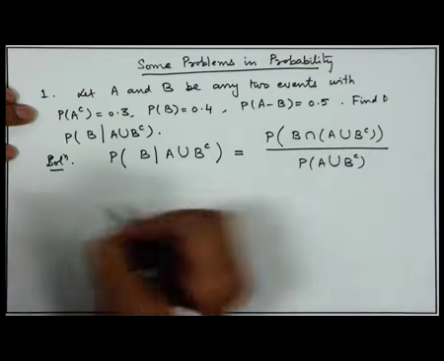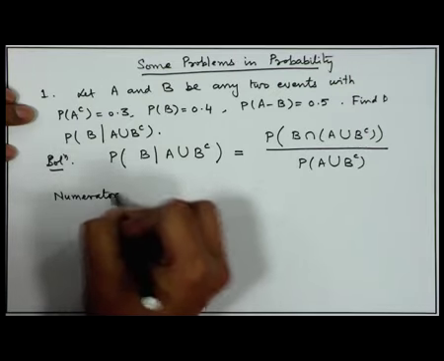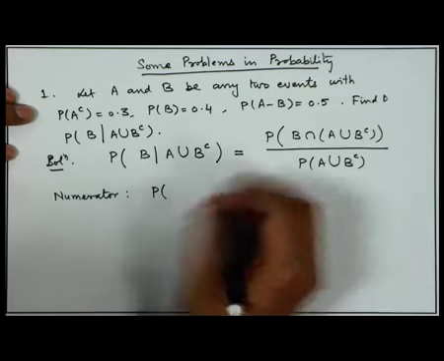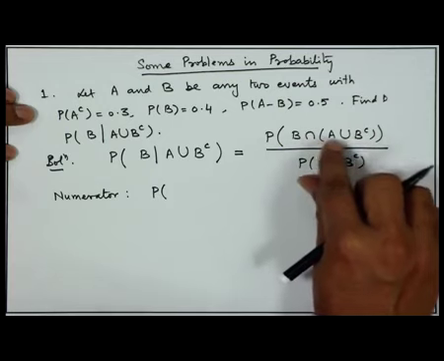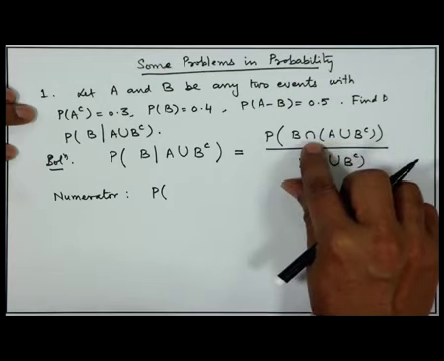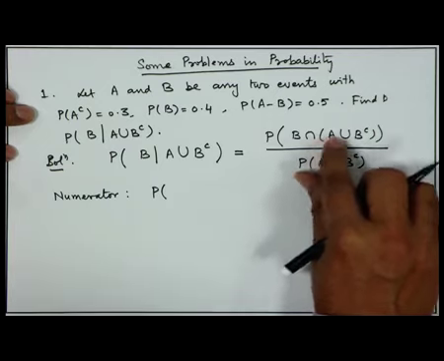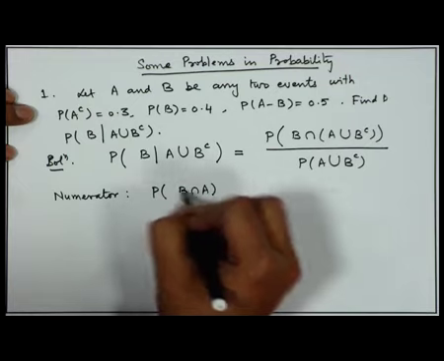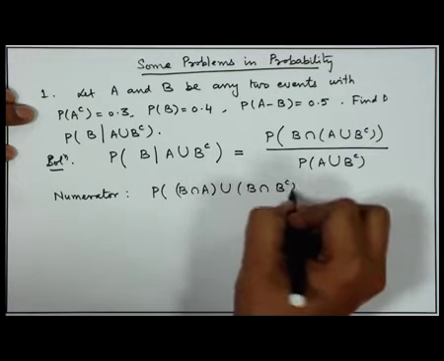Now, let us look at the numerator here. Let us simplify this, that is probability of B intersection a union of two events. We can apply the distributive property of unions and intersections. So, this becomes B intersection A union B intersection B complement.